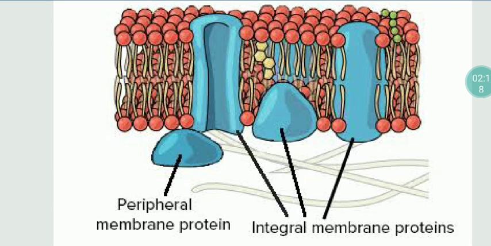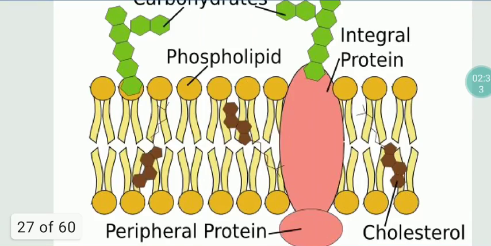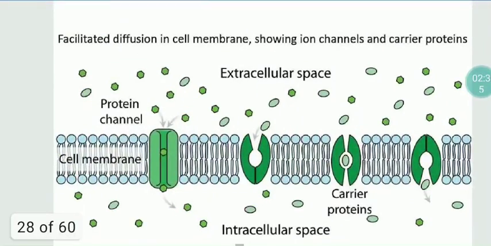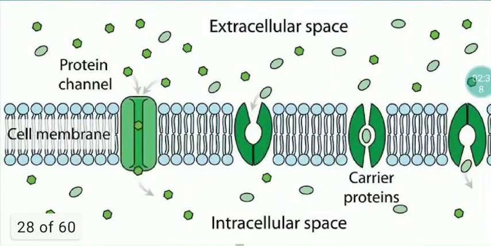Only very small molecules and gases, like the exchange of carbon dioxide and oxygen, can occur by simple diffusion through the plasma membrane. Then how are these large molecules, polar molecules and hydrophilic substances, transported through the plasma membrane? We have two different kinds of proteins that help in the transport of substances: one is the protein channel and the other is carrier proteins.